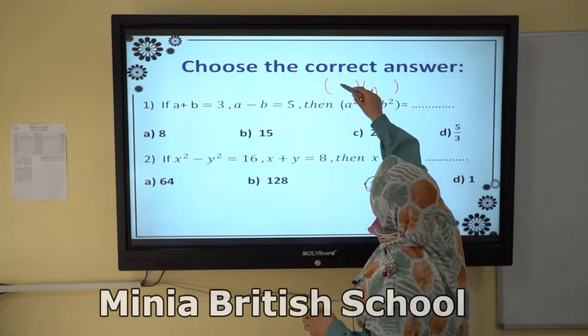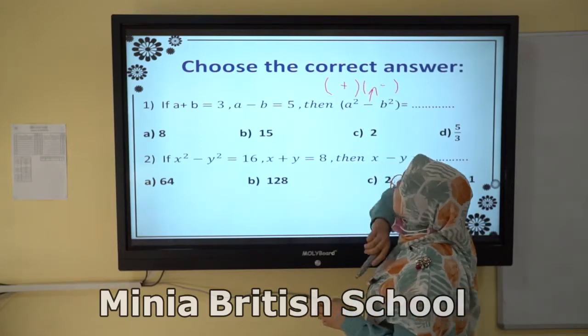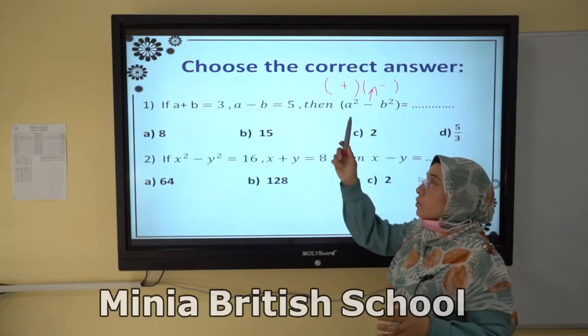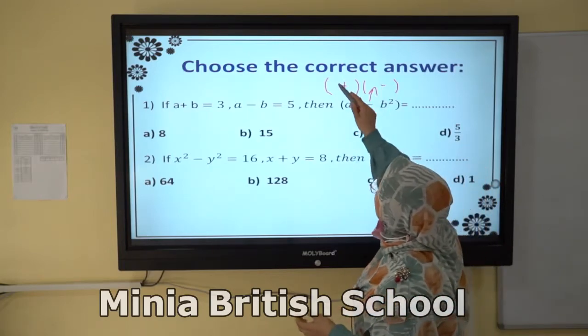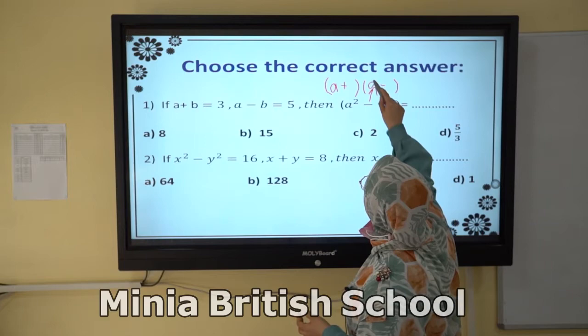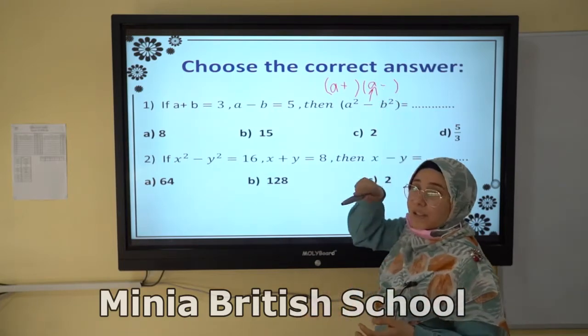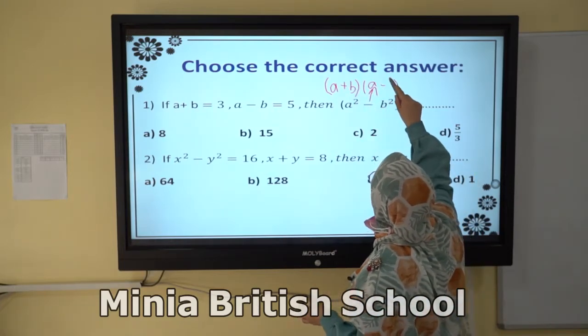The first arc takes the positive sign and the second takes the negative sign. The square root of the first term is a, so write a here and also a here. The square root of b power 2 equals b, and also here.